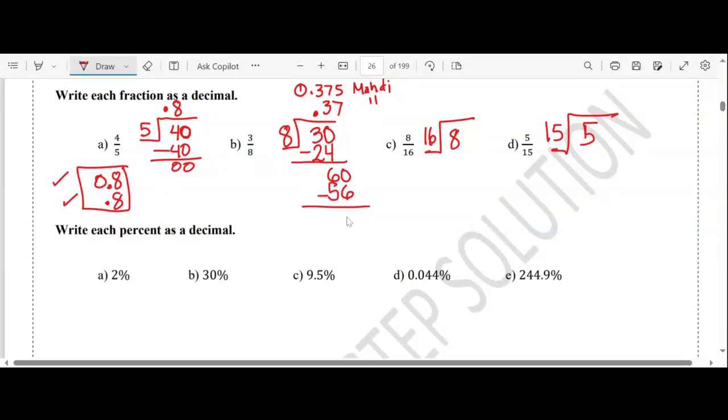And then you subtract. What do you get? 4. We have to add 0. And 5. So Mahdi and Nader are correct. It's 0.375. Good ya Mahdi, good ya Nader.